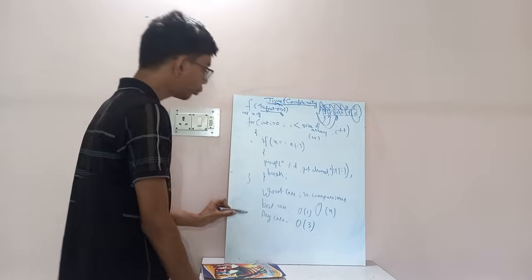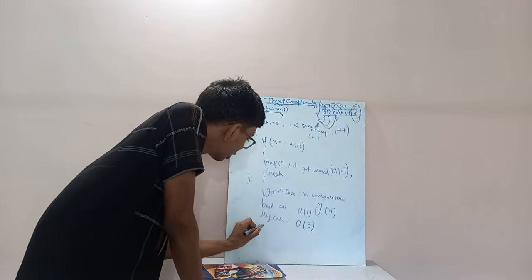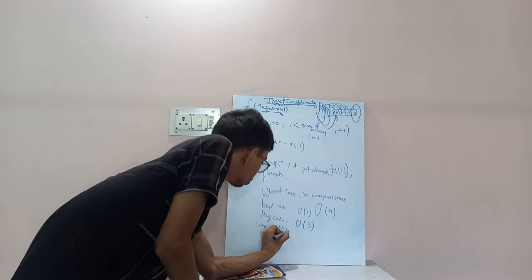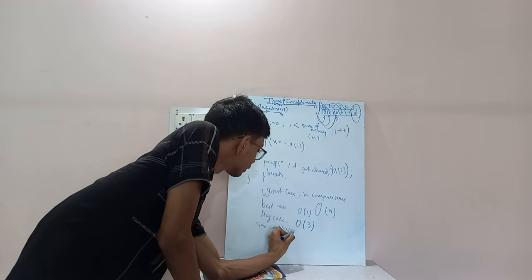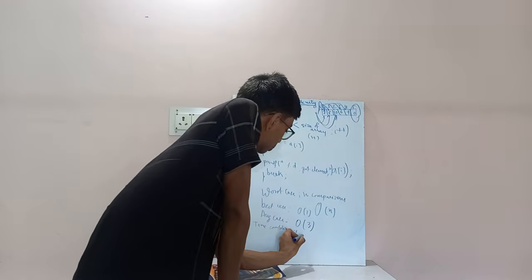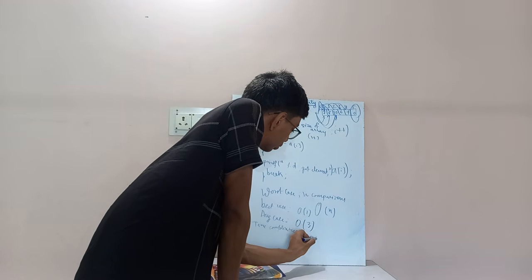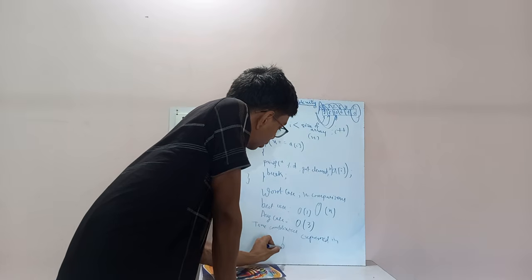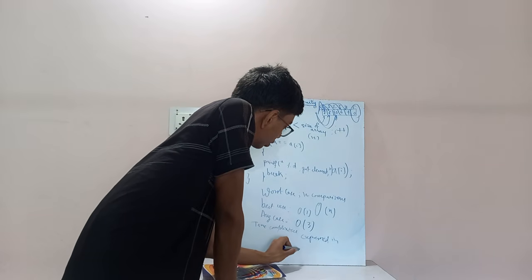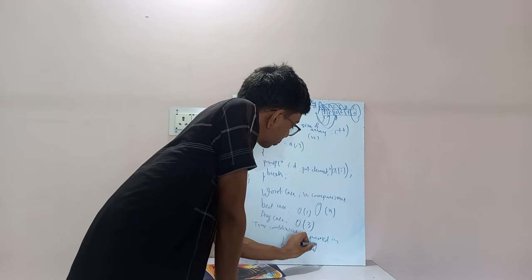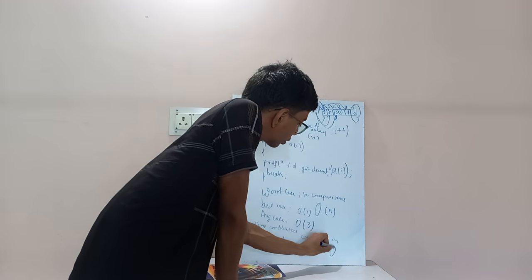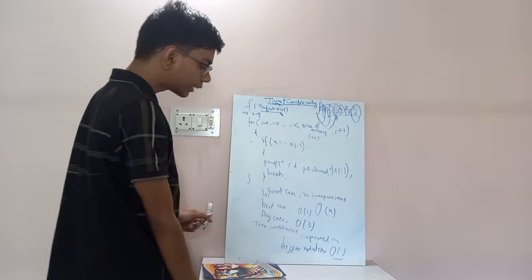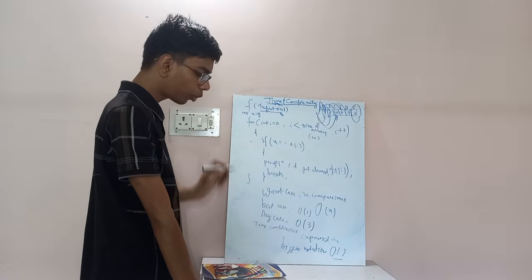So generally time complexities are expressed in big O notation. This example was linear time complexity.